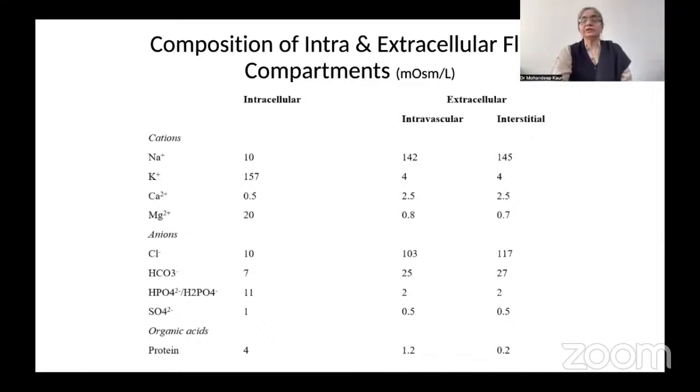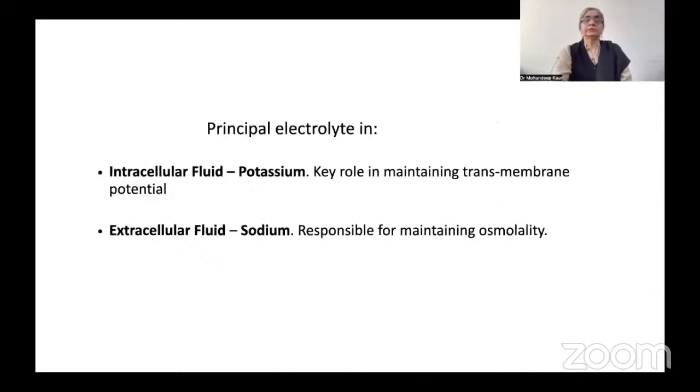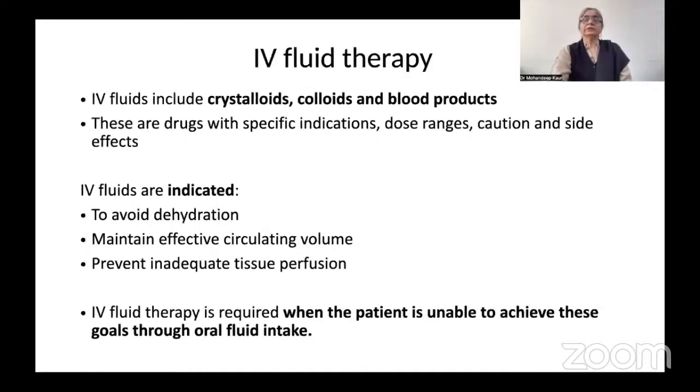Calcium is also more in the extracellular compartment. The principal electrolyte in intracellular fluid is potassium, and it has a key role in maintaining the transmembrane potential. Sodium is more in extracellular fluid and is responsible for maintaining osmolality of the blood.